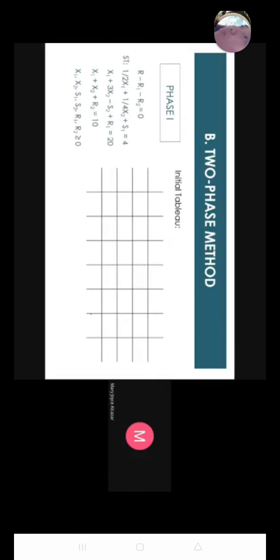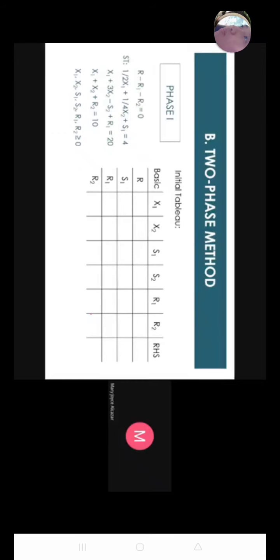So at phase 1, same as in the Big M and in the simplex method, we just have to formulate an initial tableau. It contains the basic variables: Z now becomes R, then S1 for the first constraint, R1 for the second constraint, and R2 for the third constraint. This is just the same as in the Big M technique. The only difference is that the top row is now an R row. The column headings are X1, X2, S1, S2, R1, R2, and the RHS.